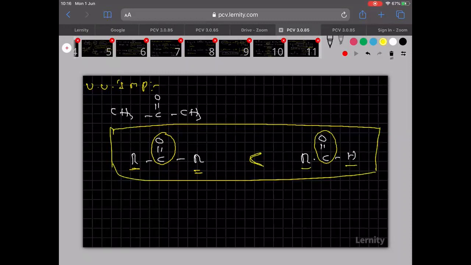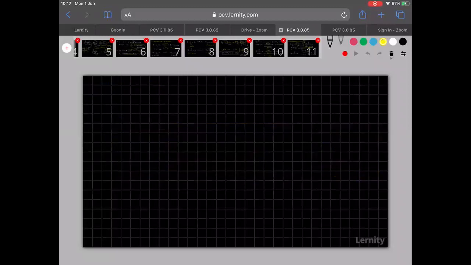Ketone oxidation is very difficult because in ketones, the carbonyl group is surrounded by bulky alkyl groups. Crowding is very high, so due to heavy crowding, oxidation is difficult. That means under normal conditions, ketones do not undergo oxidation. We have to use vigorous conditions only. So let us take what the vigorous conditions are.